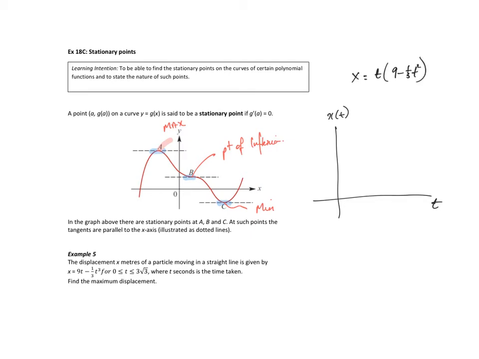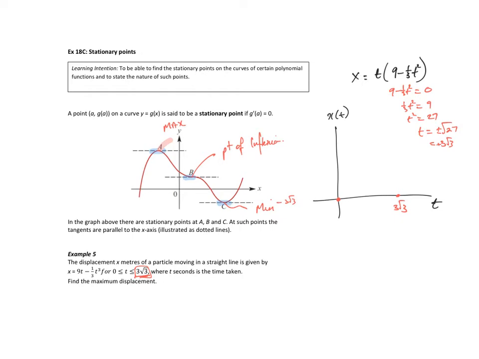So clearly I've got an intercept at 0. And if 9 minus 1/3 t squared is equal to 0, 1/3 t squared is equal to 9, t squared is equal to 27, t is equal to plus or minus the square root of 27, which is root 9 times root 3, which is 3 root 3. Gives us some significance to that value there, doesn't it? So positive 3 root 3 and negative 3 root 3.